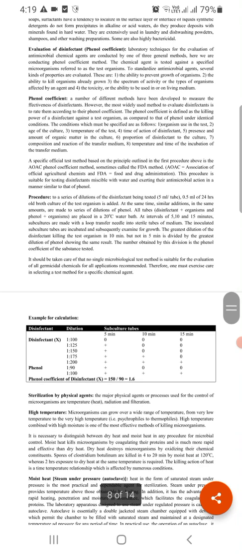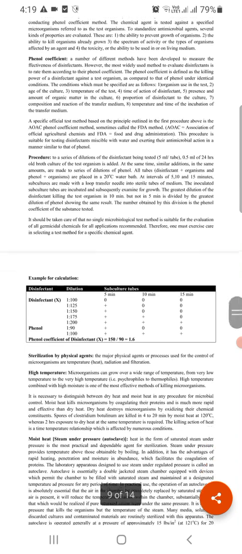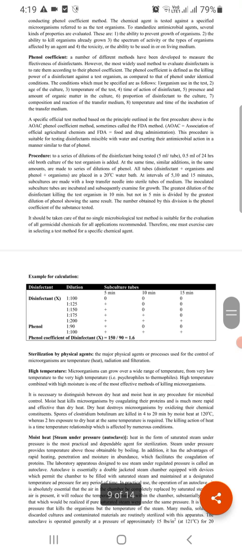This procedure is suitable for testing disinfectants miscible with water and exerting their antimicrobial action in a manner similar to that of phenol. This method is used for identifying a chemical as a disinfectant in comparison with phenol.